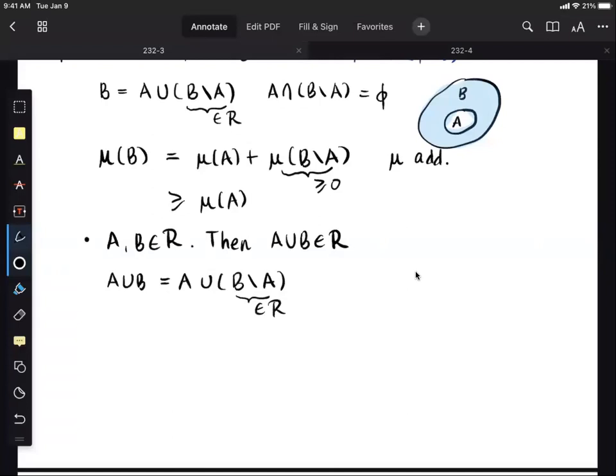And take note that, again, A and B minus A are pairwise disjoint, since B minus A does not contain any element in A.